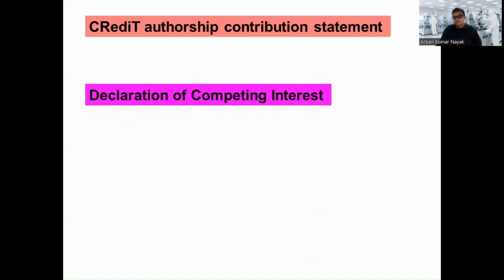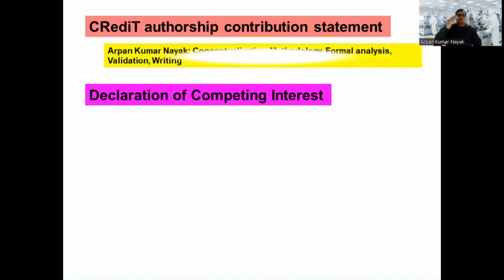In this section you can write what the authors did, how many authors there are, and the contribution of each author. Someone did characterization, someone framed the research work, someone performed the experiment, someone wrote it, someone revised it. Based on their contribution, you can write it in the credit authorship contribution statement.